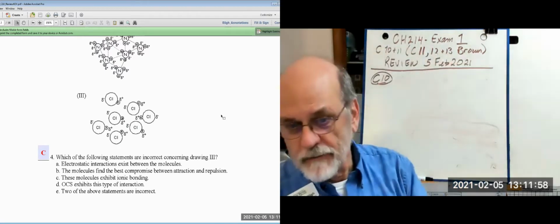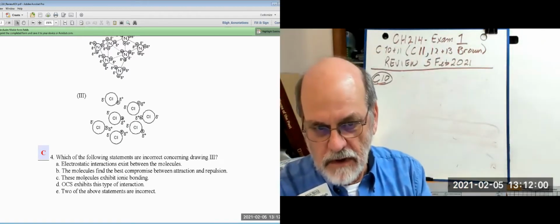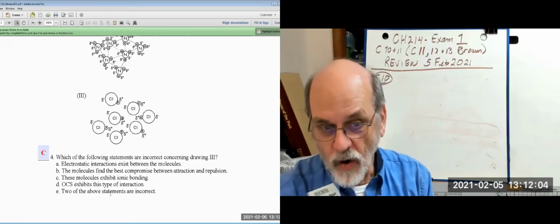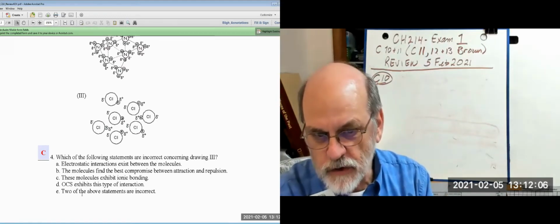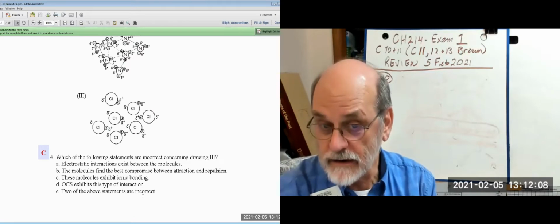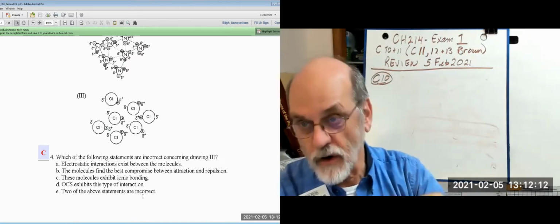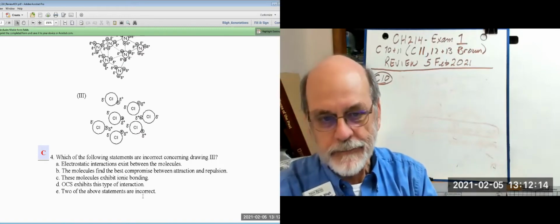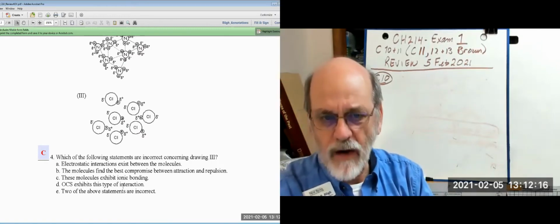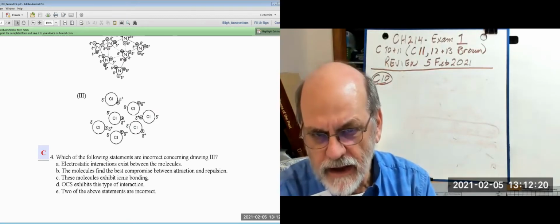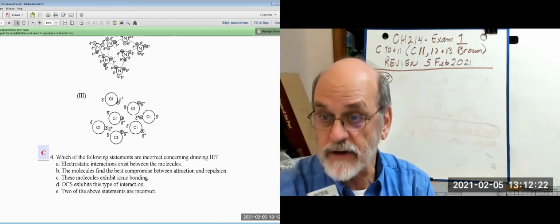Right? So either one of them could be incorrect, or we have an item down here, 2 of the above are incorrect. So we got to look at each one of them to see if there are 2 that are incorrect. All right, so let's look at what we've got here. It looks like we have a chlorine and a hydrogen bound together.